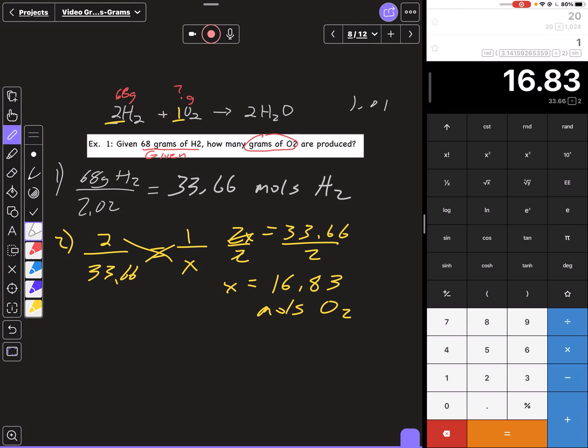And then my last step, I'm in moles of O2, but I need grams. If it just asked me for moles, I could have stopped. But it asked me for grams, so I'm going to take 16.83 and multiply by the molar mass of O2. One oxygen atom would be 16.00, but I have two of them, so that would be 32.00.